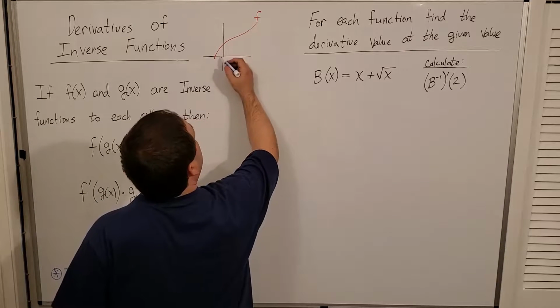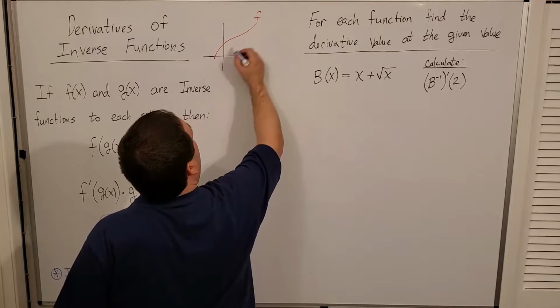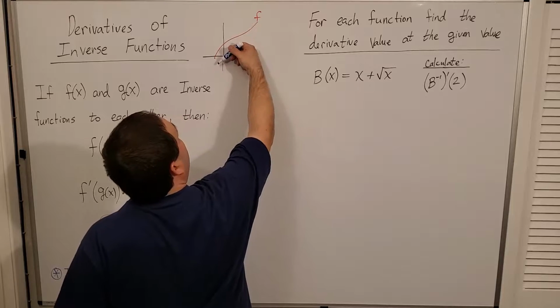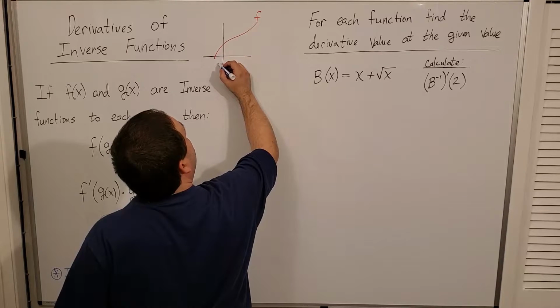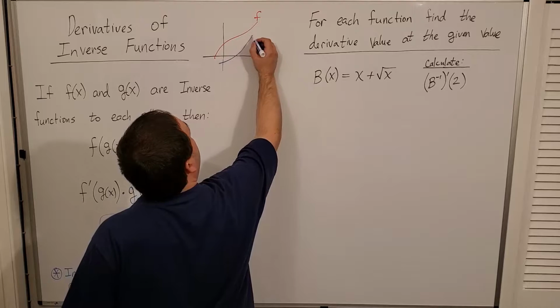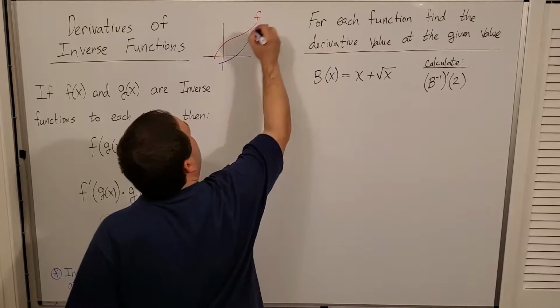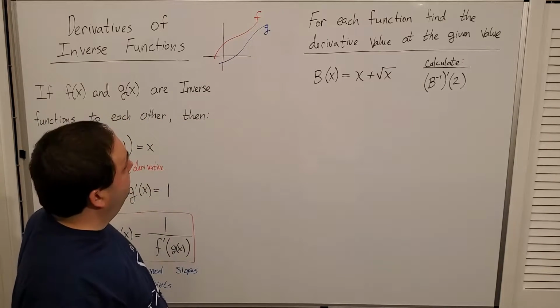Remember, to do inverse, I just take the line y equals x through the middle here, right? And I just do a symmetry around it. Okay, so let's say that's the inverse function g.